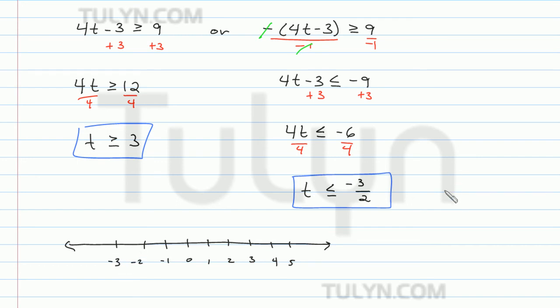Negative 3 halves is the same thing as negative 1 and a half, so that point is going to be somewhere between negative 1 and negative 2. We know that t can be equal to 3, and it also takes values greater than 3. So t can be equal to 4, it can be equal to 5. In fact, it can be equal to any number greater than 3.